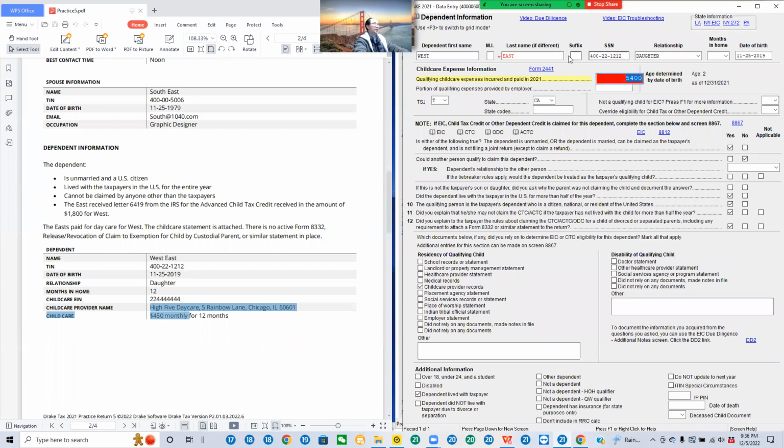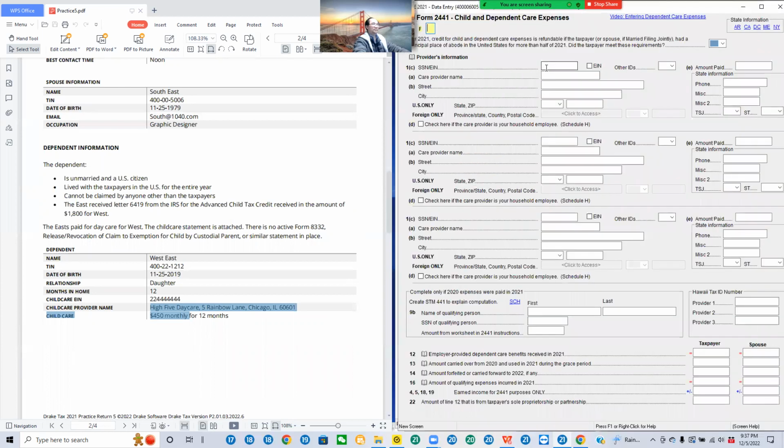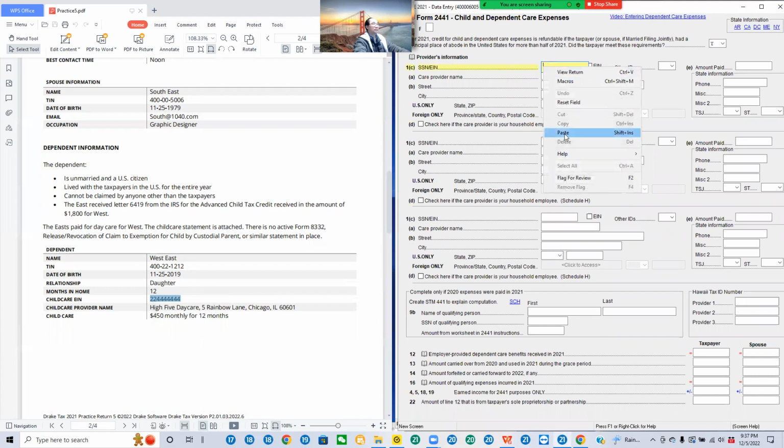Now in here, we also go to 2441. Say yes for the first question. Now, this is the EIN number from this child care. Is this one. They did not say it's EIN or not, but it looks like it's a child care center.